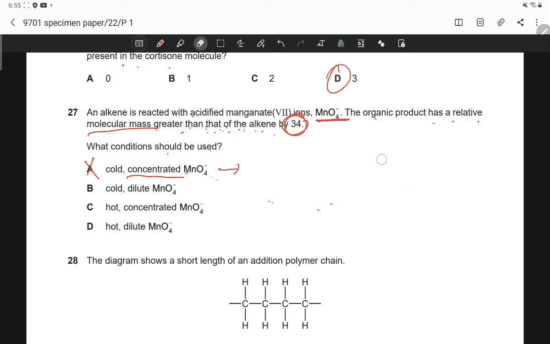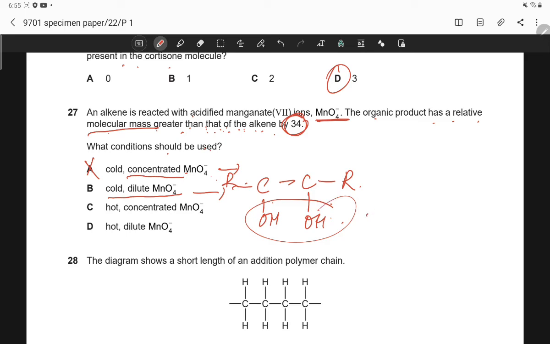So when cold dilute reacts, then the diol is formed where the double bond is present. So addition of 34, mass is greater by 34.